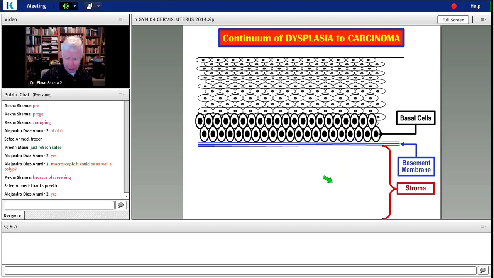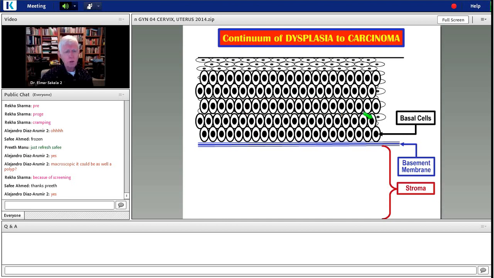What happens is, as the basal cells start to proliferate, they come from the bottom up. If they involve about 1/3 of the thickness, we call it SIN 1 or mild dysplasia. If it involves 50% or thereabouts of the thickness, we call that SIN 2 or moderate dysplasia.